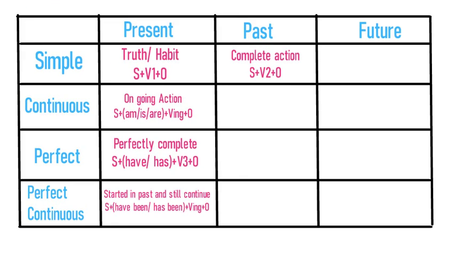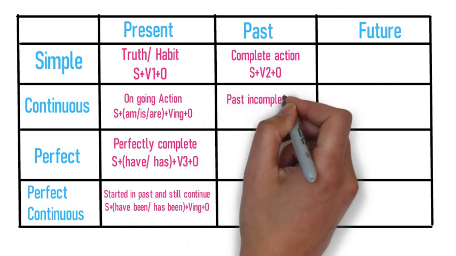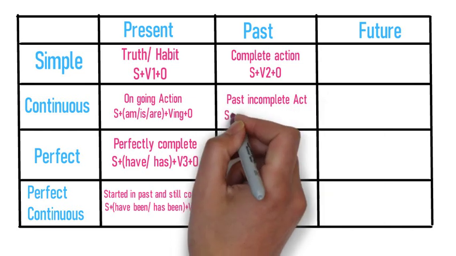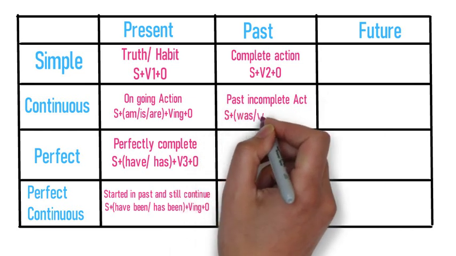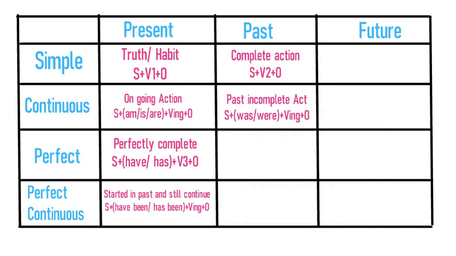Next we have the past continuous tense. That is a past incomplete action. The structure of past continuous tense is subject plus was, were plus first form of verb with ing plus object.